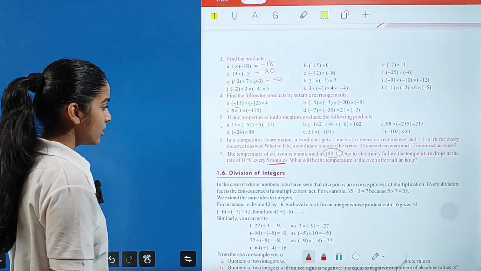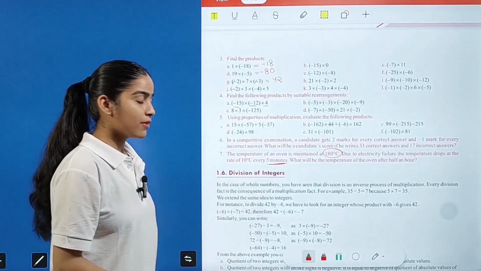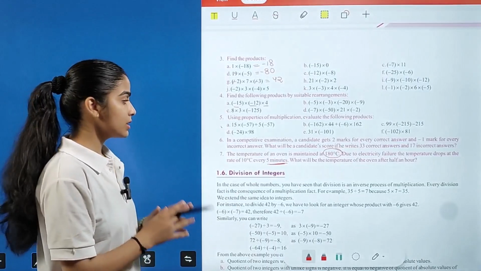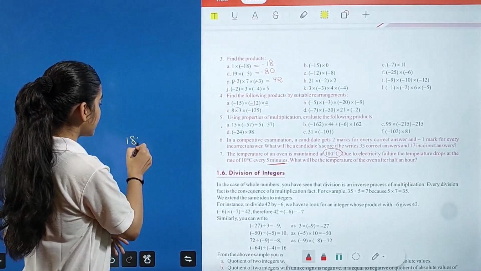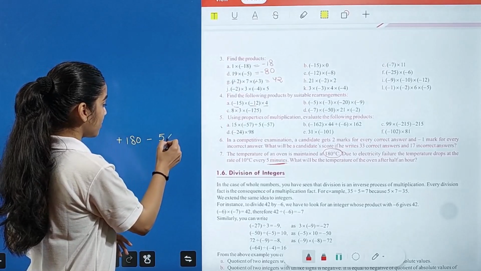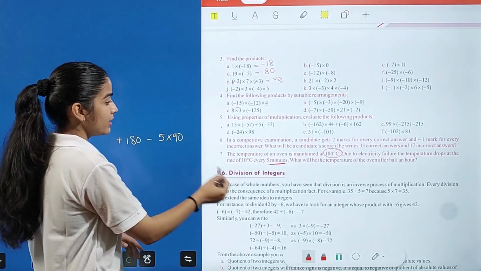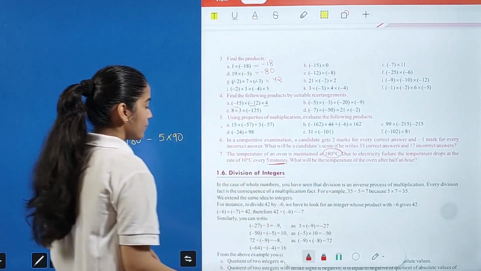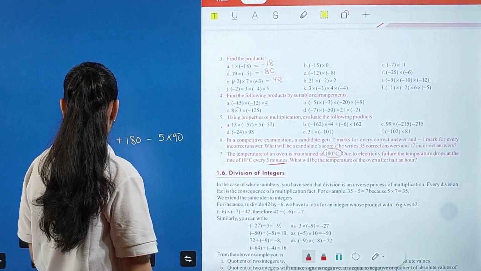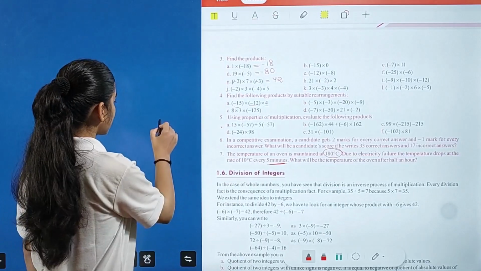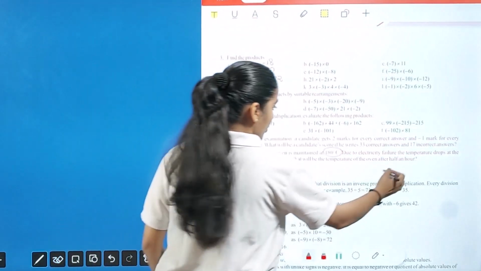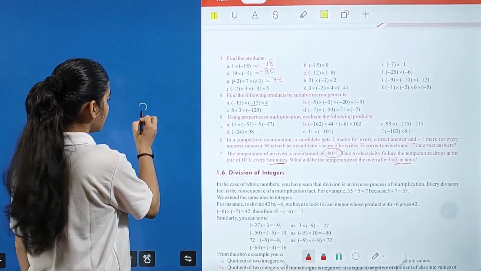Wait, half an hour, not one and a half hours. So half an hour means 30 minutes. So for half an hour we have 30 minutes.